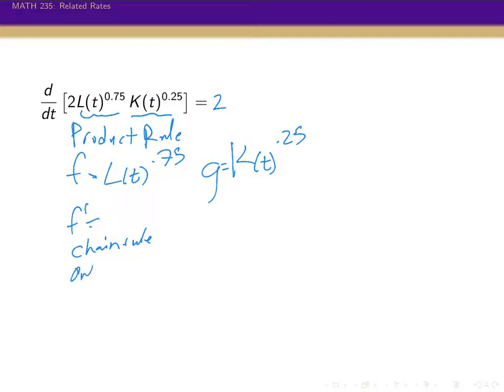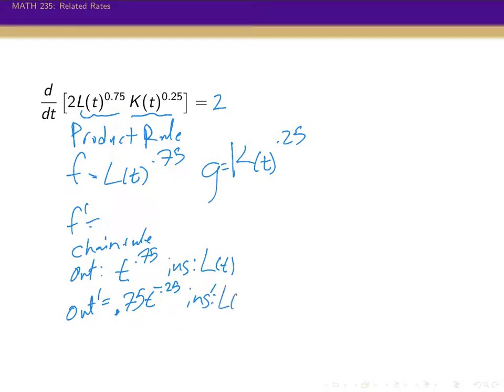where our outside function is t to the 0.75, and our inside function is just L of t. So then the derivative of the outside, that's the power rule, 0.75t, and then subtract 1 gives me minus 0.25, and the derivative of the inside is L prime of t.